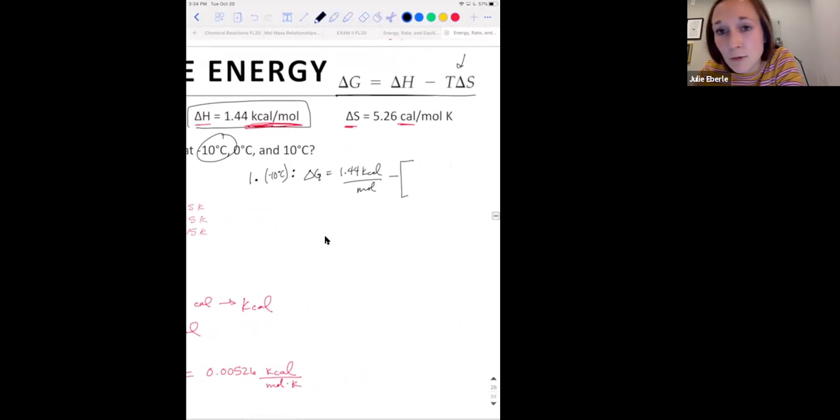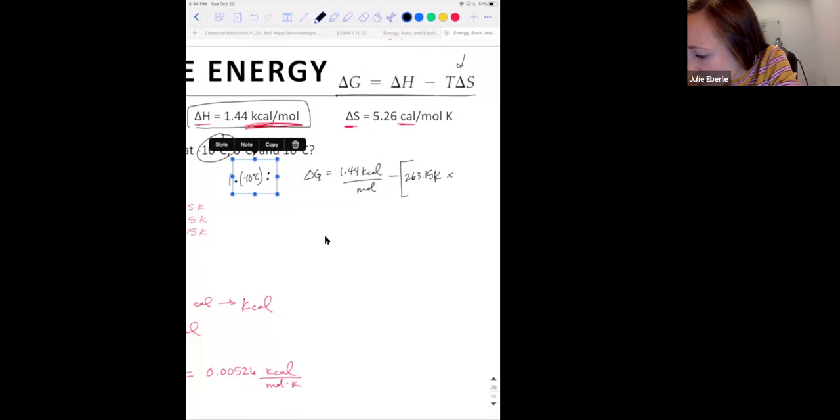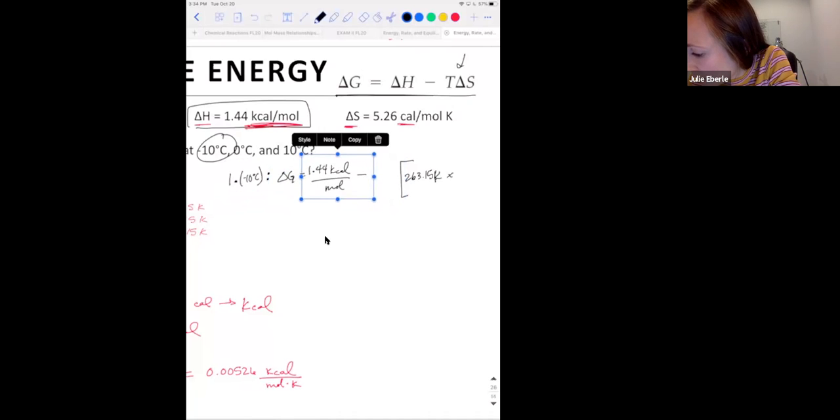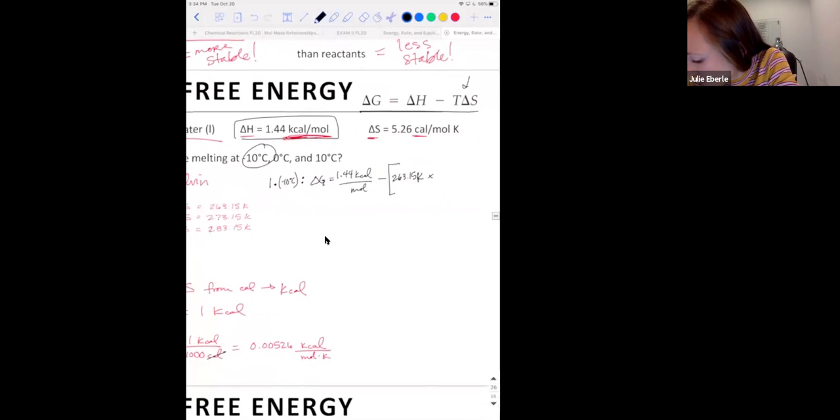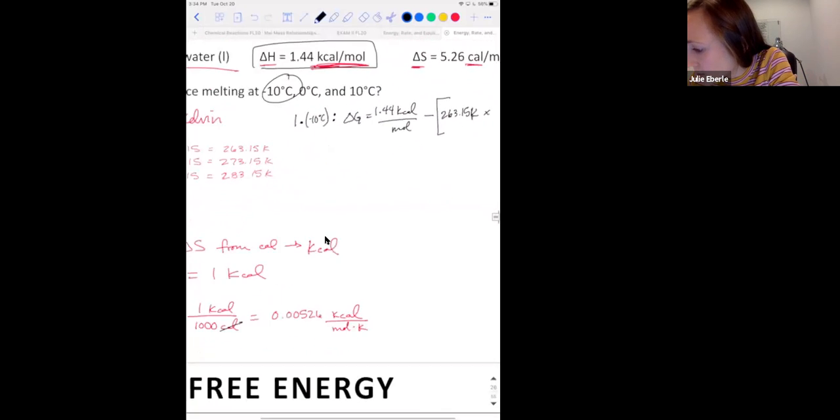I like to put brackets around the T delta S part so that in my calculator I put it all in parentheses so that I know things are multiplied and added correctly. And this is going to be multiplied by my delta S, which was 0.00526.